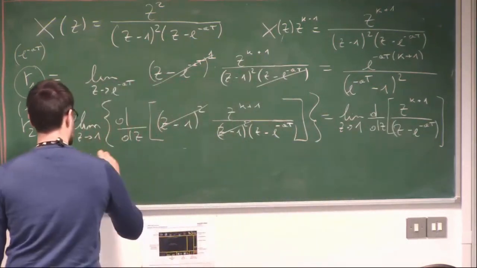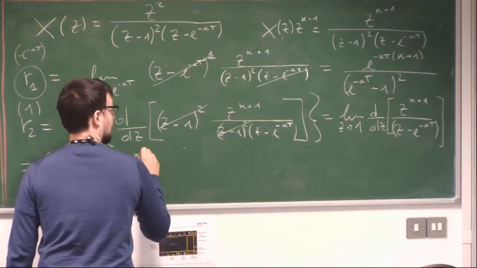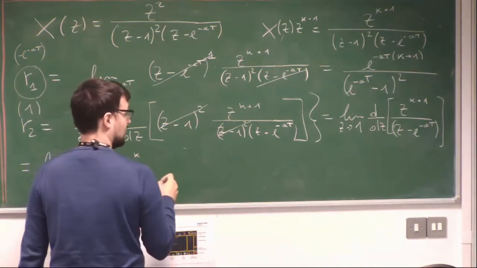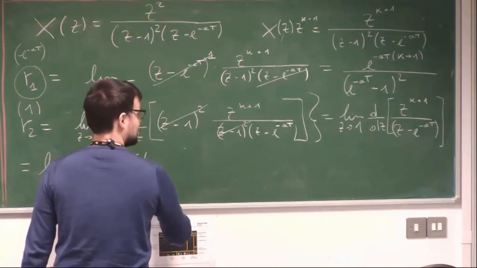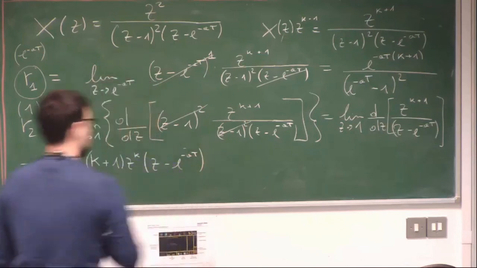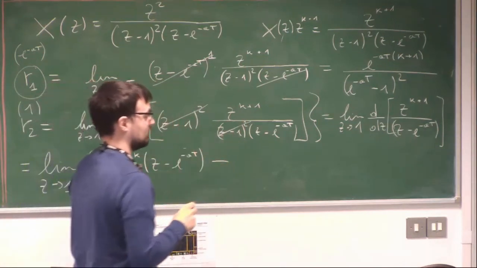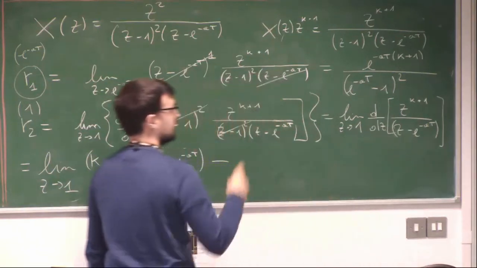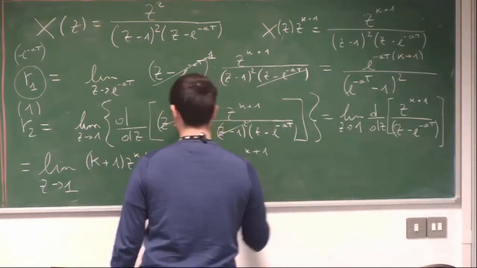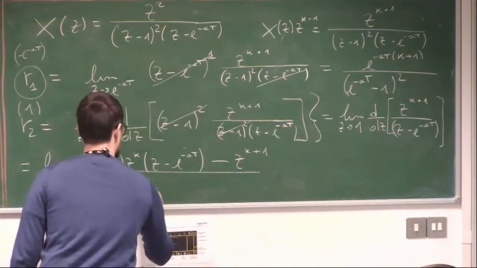So it's k plus 1 times z power k, and you have to decrease the order, times the denominator, minus the derivative of the denominator with respect to z, so it's 1, times the numerator, divided by the denominator squared.